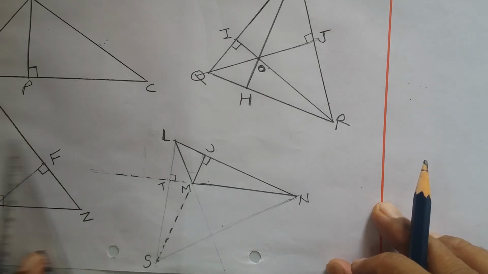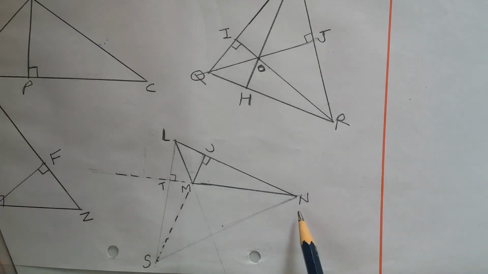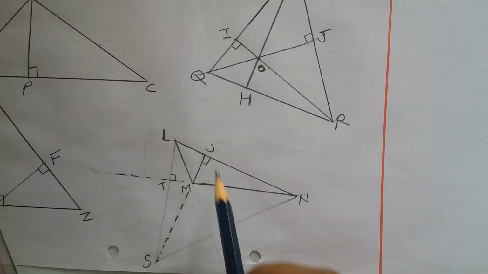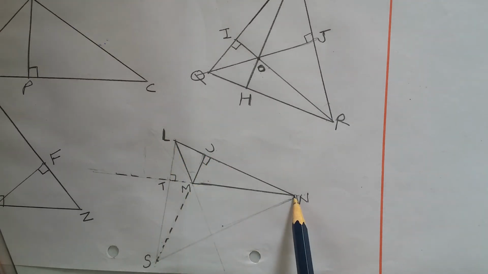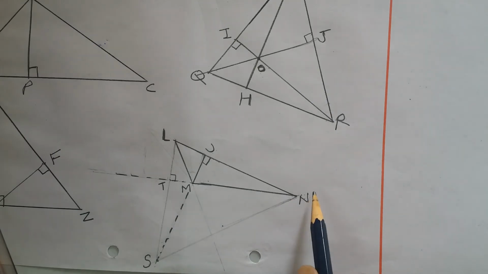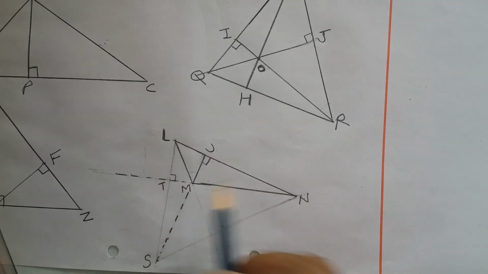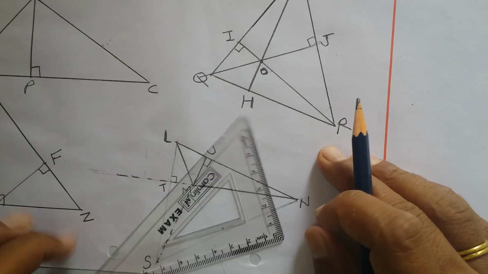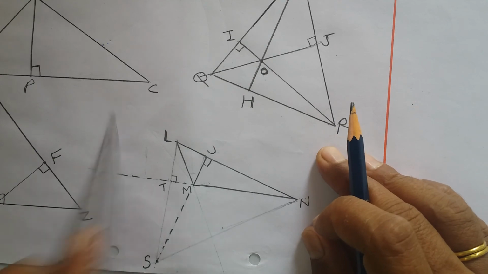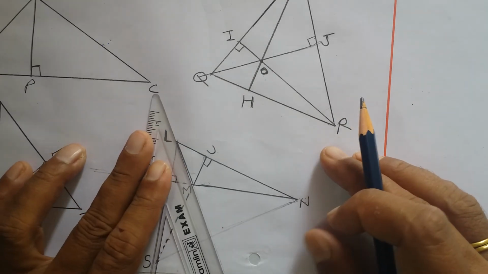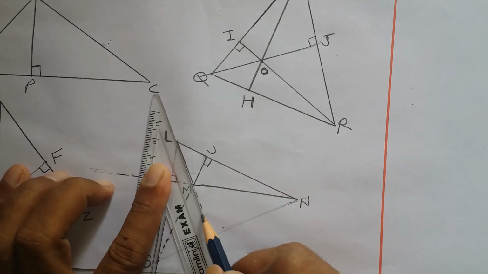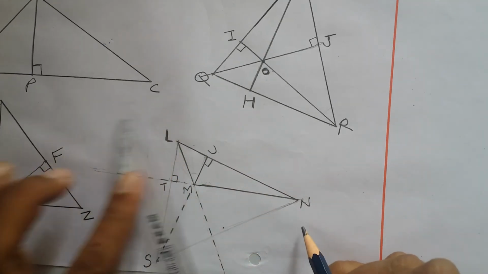Now we want to draw one more altitude. We have drawn two altitudes. LT is an altitude, MU is also an altitude. Now from N we want to draw an altitude on side LM, but we have to extend this LM. This is LM, and this is the extended part, the dotted line.